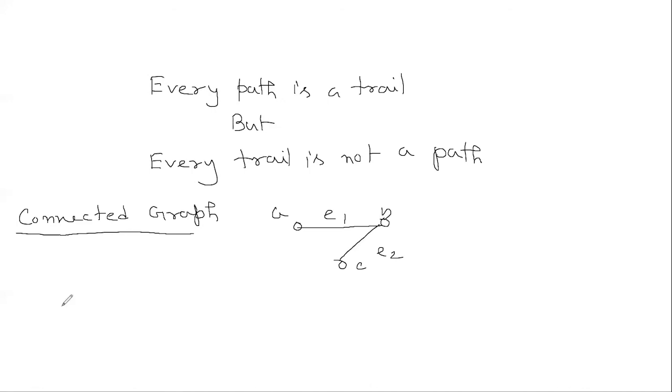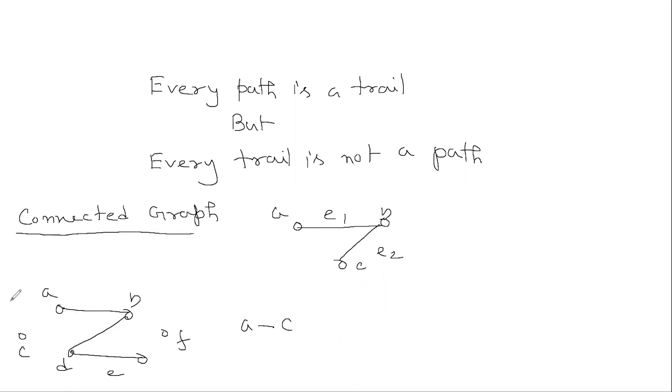But if you consider this graph, so if we select the pair of vertices as A and C, between A and C there is no possible path. Between A to C, if we want to write a path, a walk, then A and C are not connected.